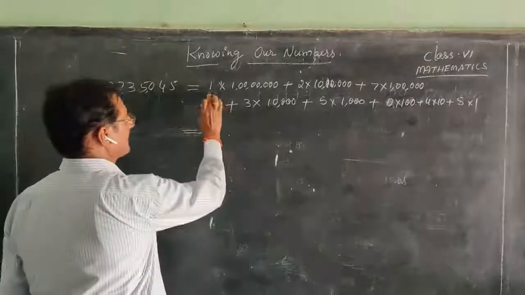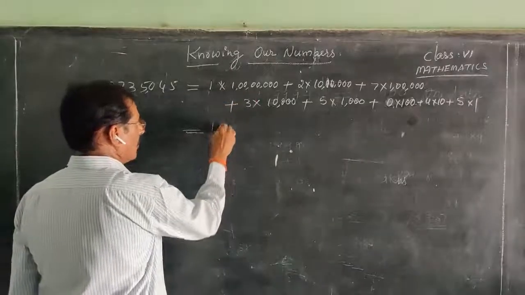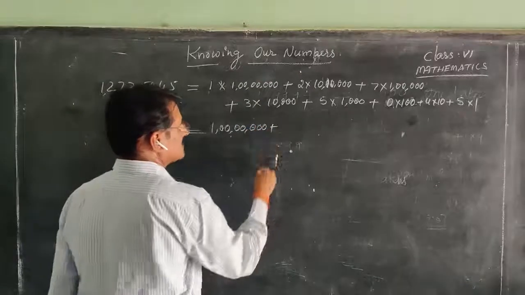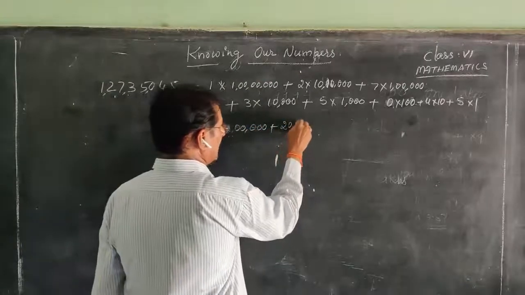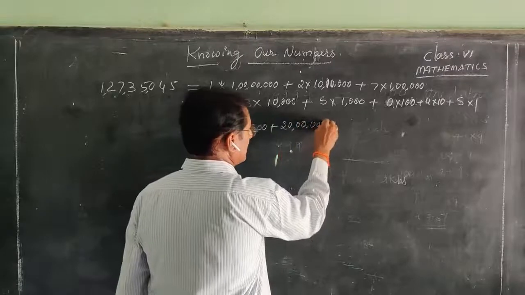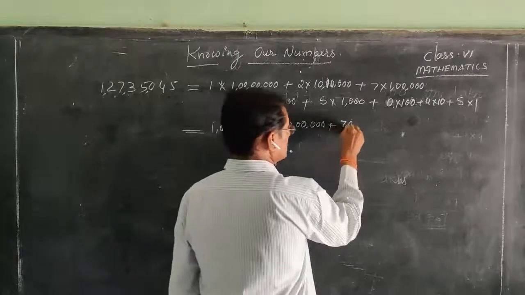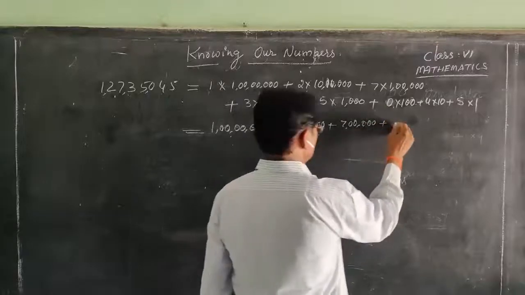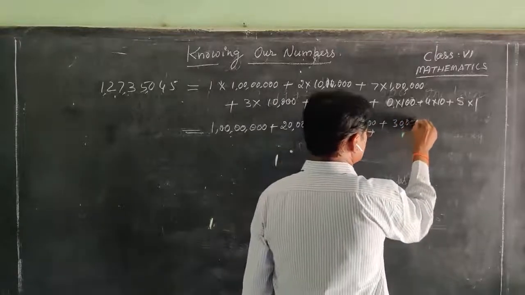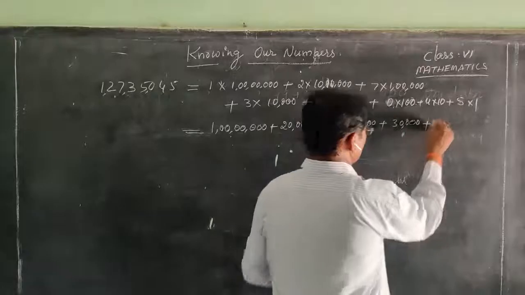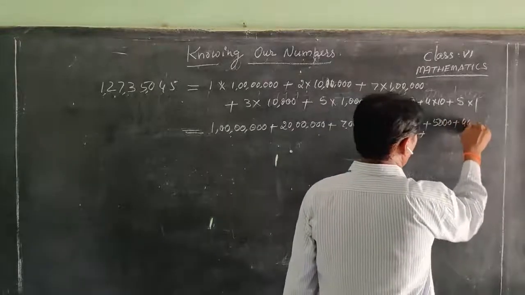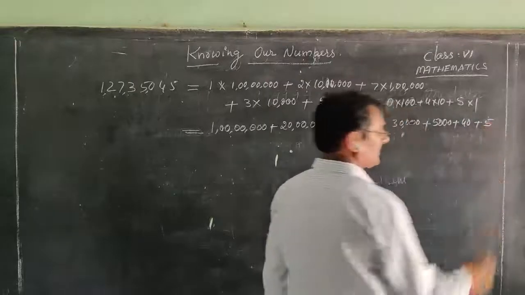Expanded form: 1 crore plus 20 lakh plus 7 lakh plus 30,000 plus 5,000 plus 40 plus 5.